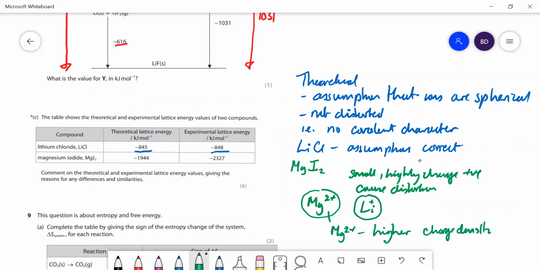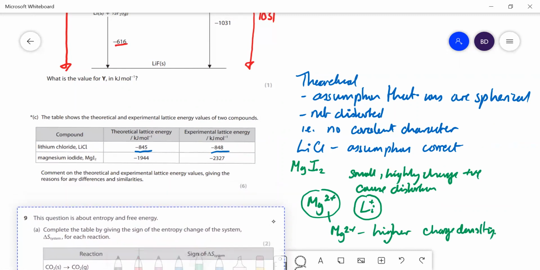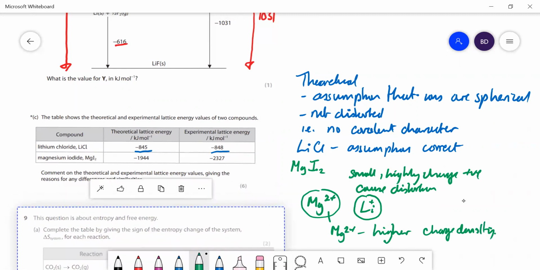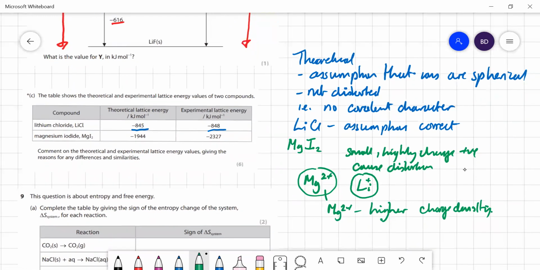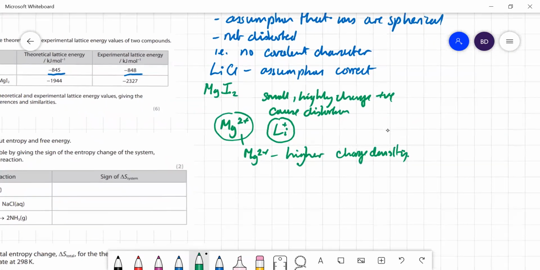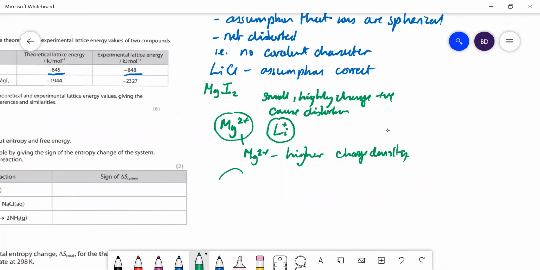And also we probably need to mention here, this is 6 marks, there's a lot of marks going for this, why the iodide ion is easier to distort than the chloride ion. Right, so iodide is a big ion, chloride is going to be a lot smaller.